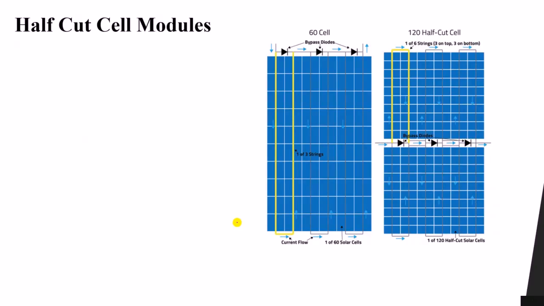Here is an example to understand the benefit of having half cut cells. Let's say this is a panel and this is another panel. This one is a monocrystalline type and this one is a half cut cell panel. You can see that in this panel we have 3 bypass diodes.